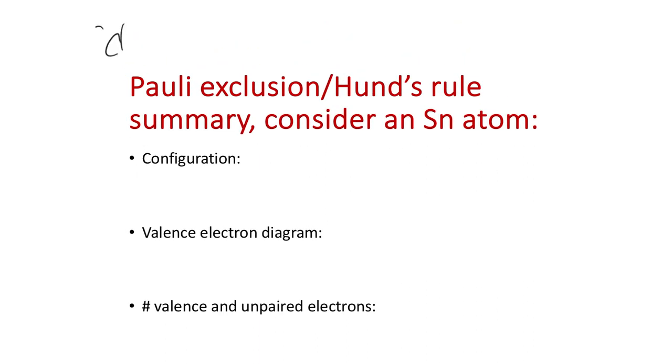Cadmium is element number 48, below zinc. Its configuration will be that of krypton, but followed by a 5s2. After krypton, we come to the 5th row, so 5s2.